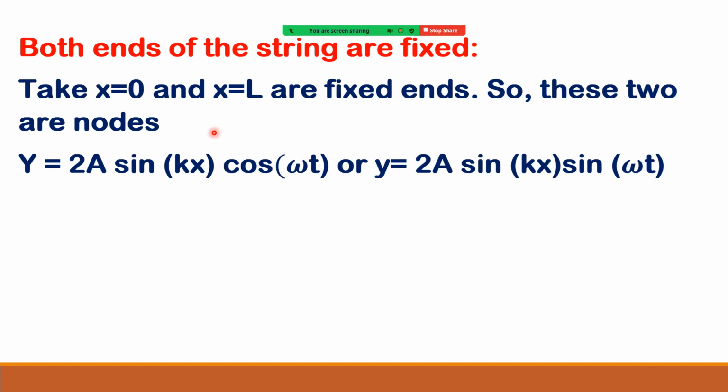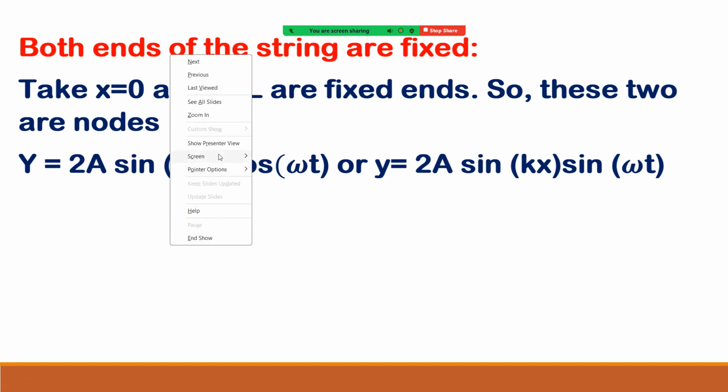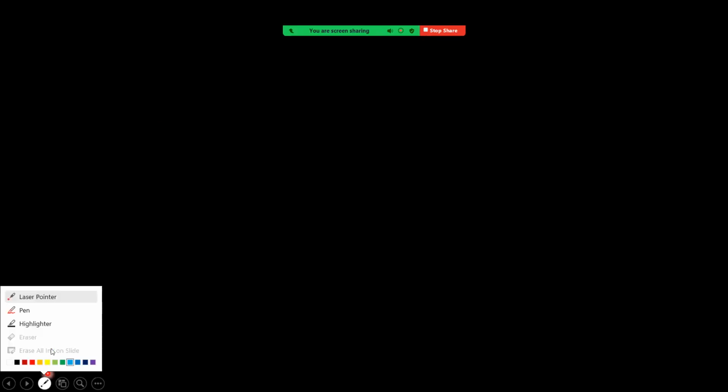Therefore, these two are nodes. I am writing here, taking both ends fixed. I will draw a diagram for that. So we are taking a string, both ends fixed.